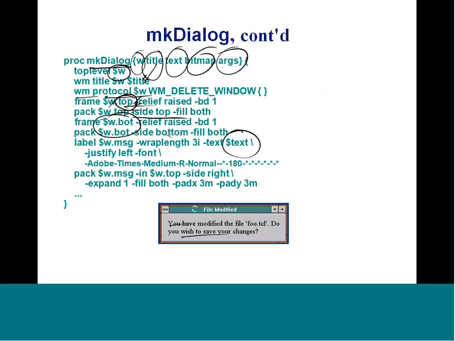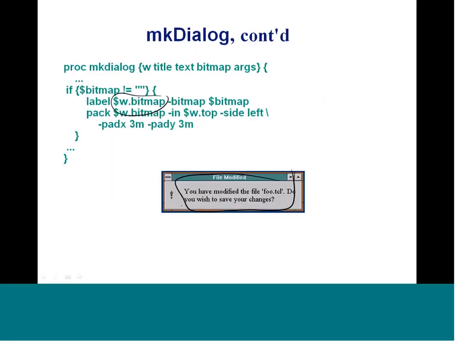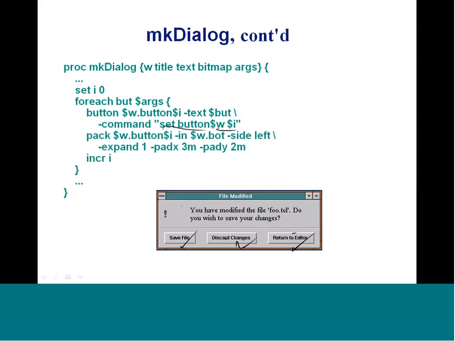So once we have this window covered, what we need to do is bring up the various buttons as bitmaps. So here again, we're passing the bitmap, and then we just pack those things in.